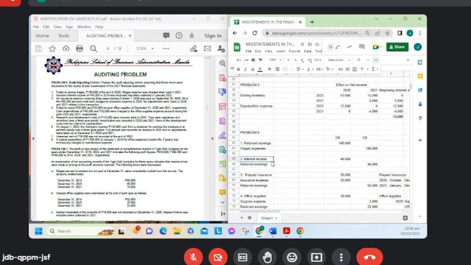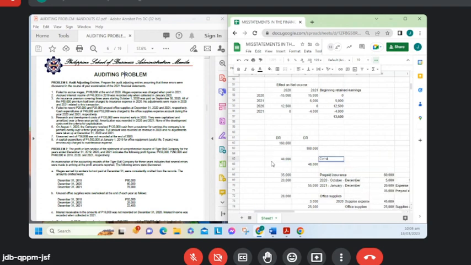So I'll take note, I'll put here corrections. Given info. Okay?